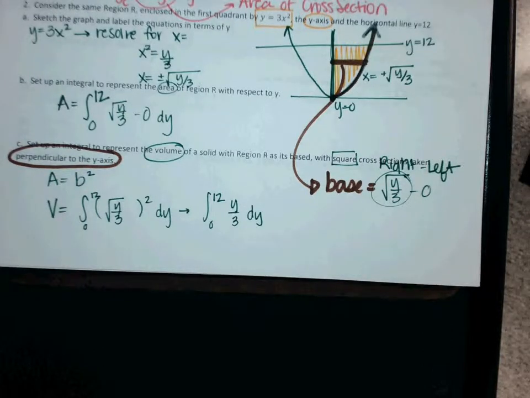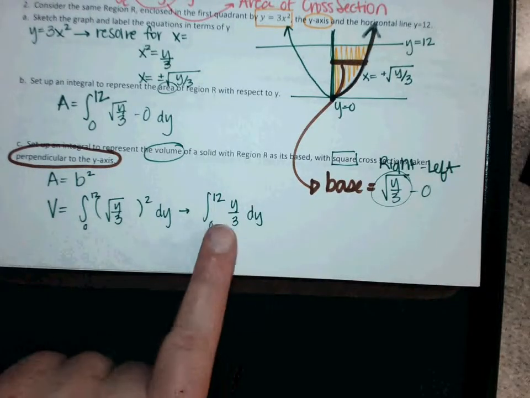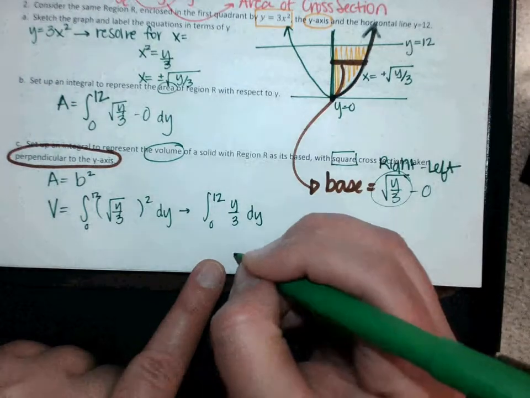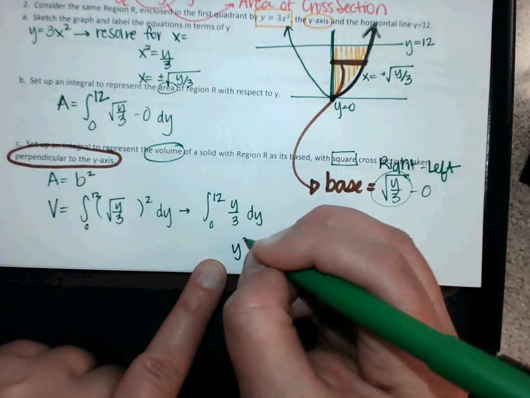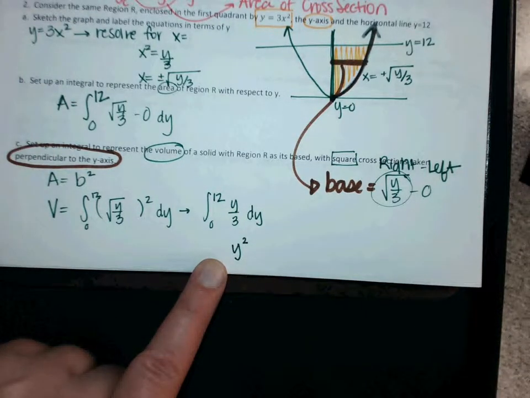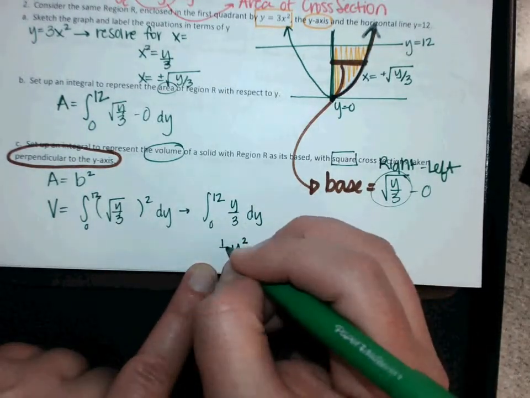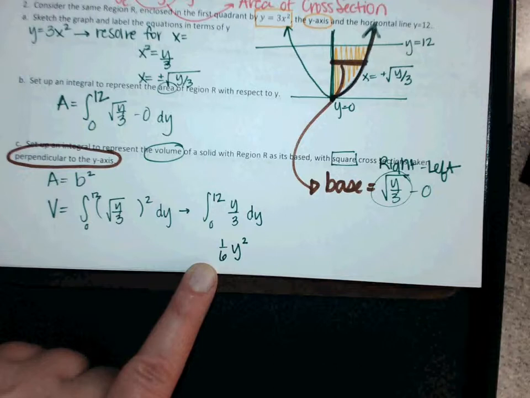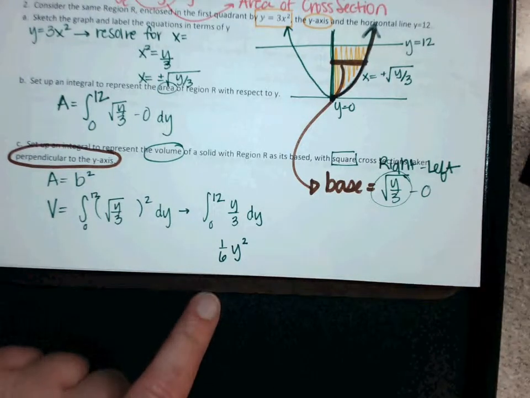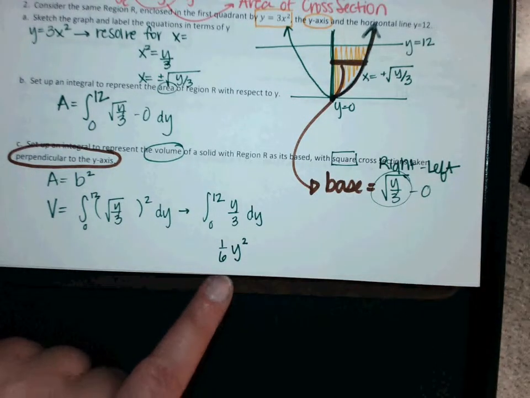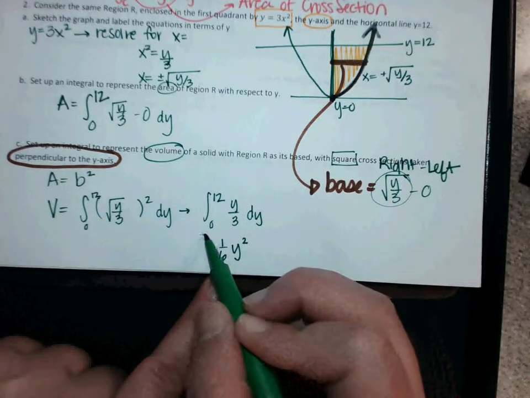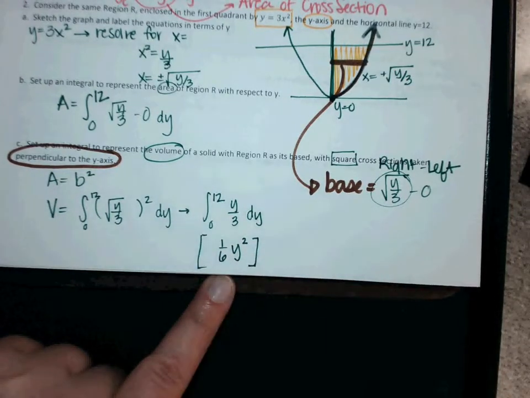So, y over 3, what's the antiderivative of that? y is going to turn to y squared. And then I have to put a half next to this third, a sixth. Now, Yoel, what should I put around my antiderivative so that I don't lose a point on my next quiz? Yes, brackets. Good.